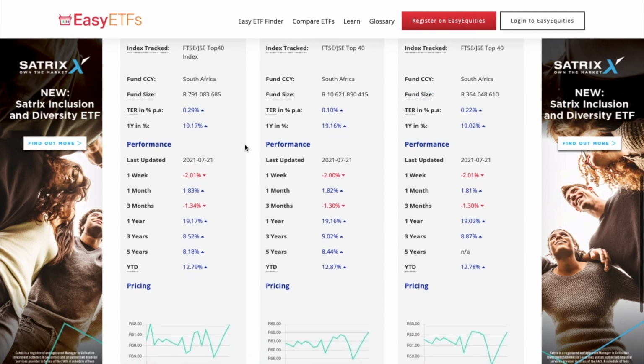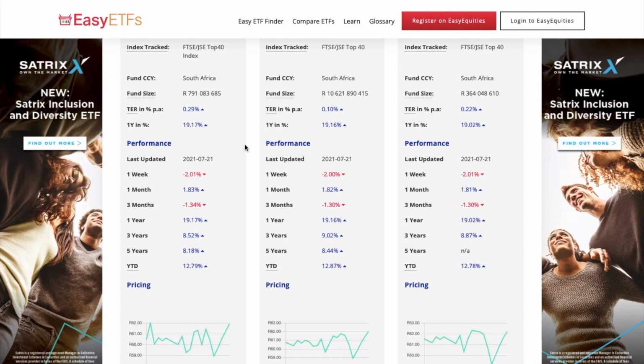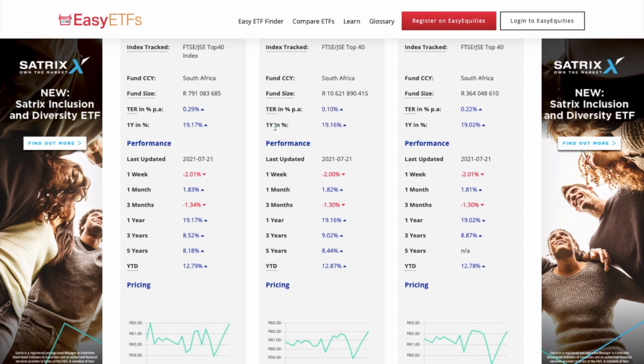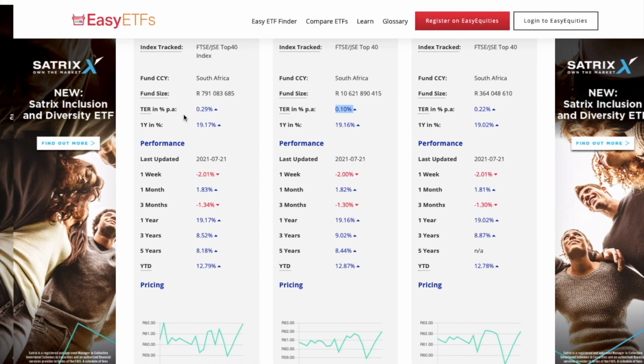And now the part we are the most interested in, the total expense ratio and the 1 year performance. So let's have a look at the total expense ratio. You can see Satrix is by far the cheapest, almost half the price of Signia and almost a third of the price of One Invest.